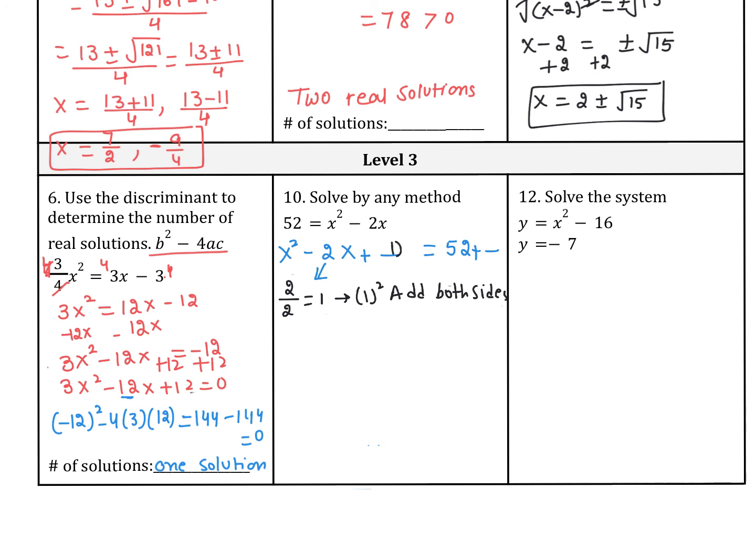So that's going to be 1 squared and 1 squared. So you're going to get (x - 1) squared equals 52 plus 1.